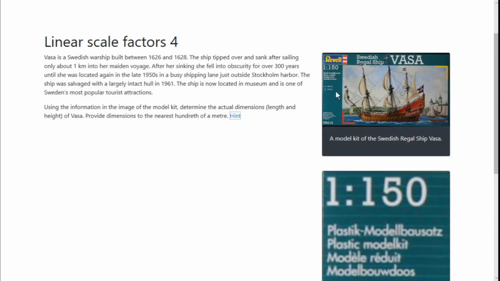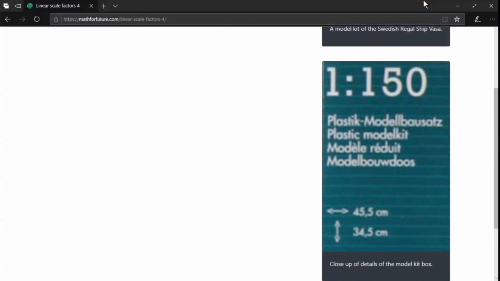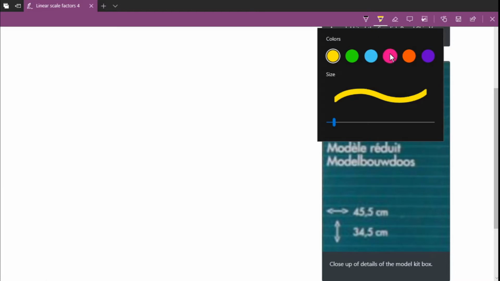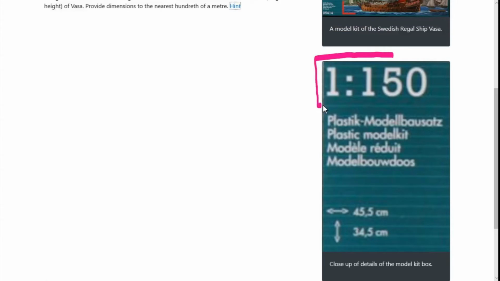If we take a look at this picture here, this is a picture of the box for a model kit for this ship. There is an enlarged version of it down here containing the information that we need. If we take a look at the information on this label, it tells us the linear scale factor of this model, 1 to 150.